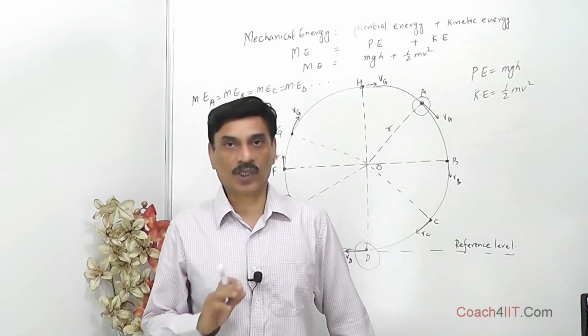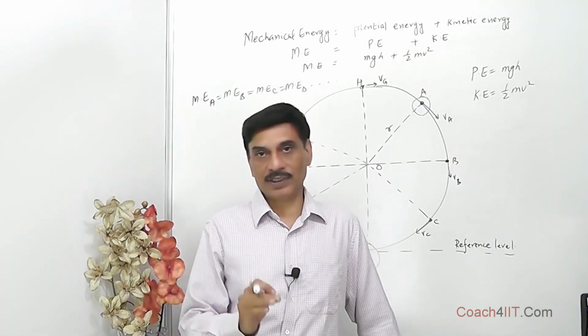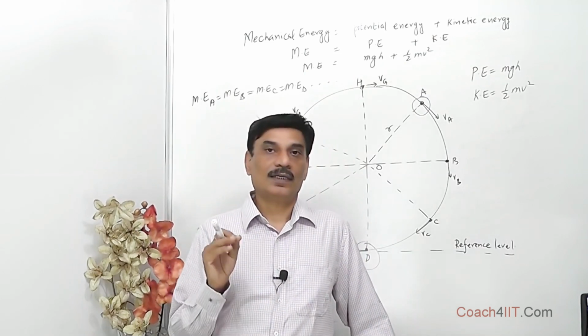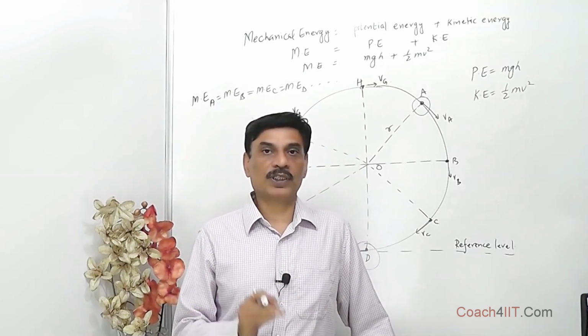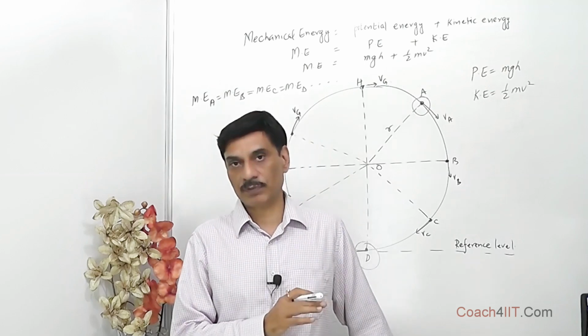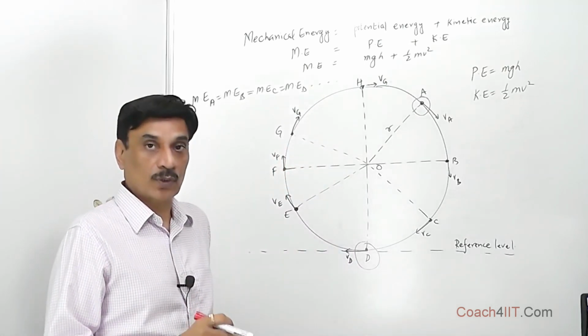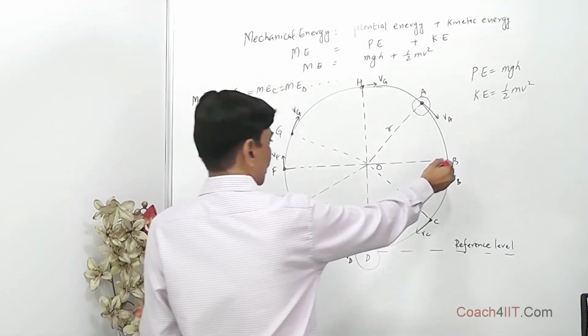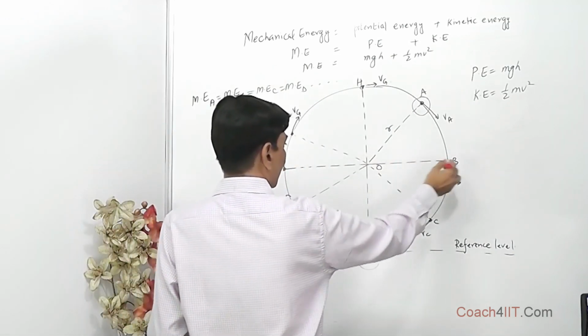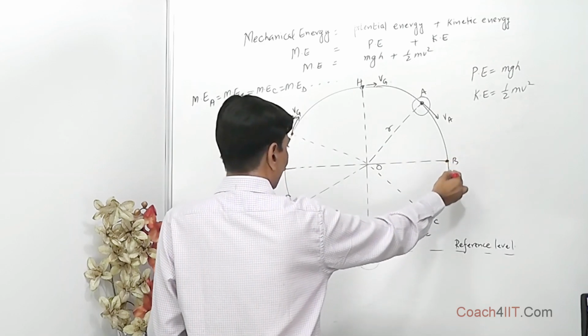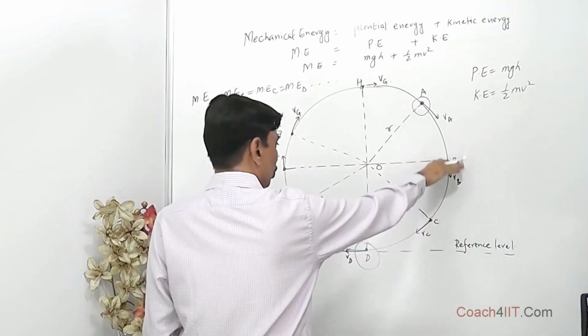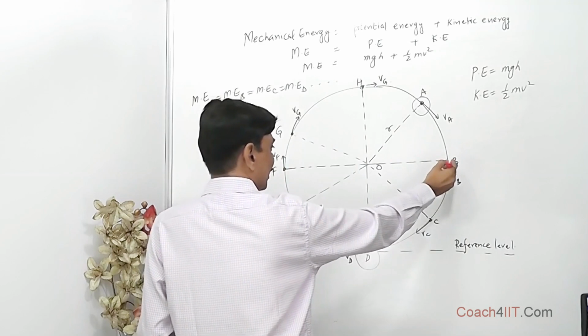In circular motion, the first thing you have to understand is to categorize whether this circular motion is uniform or non-uniform. In this case, it is non-uniform circular motion, because a mass is tied over here with a string and it has some velocity. While coming down, it is losing height and potential energy, so its speed will be increasing.